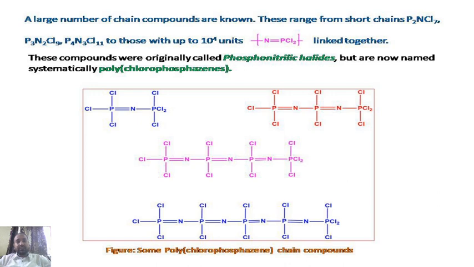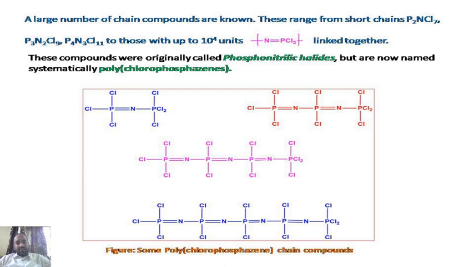Beside this chain polymer, a number of other chain phosphazenes are possible. These range from short chains, the first one having formula P2NCl7, next P3N2Cl9, and it ranges up to 10 raised to power 4 units of N=PCl2, which are linked together in a chain, forming a chain polymer of phosphazene.